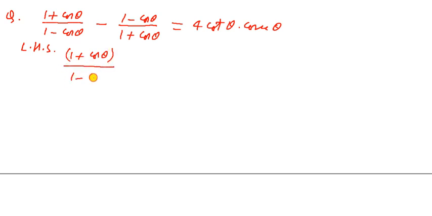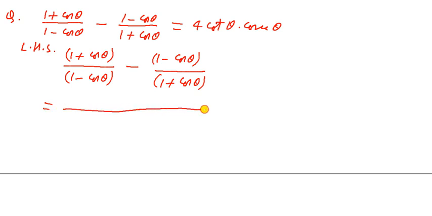(1 plus cos theta) upon (1 minus cos theta), minus (1 minus cos theta) upon (1 plus cos theta). Taking their LCM, as you know, the LCM is (1 minus cos theta) and (1 plus cos theta).